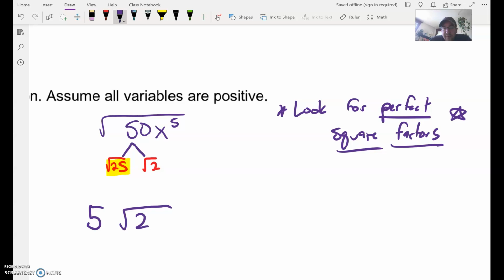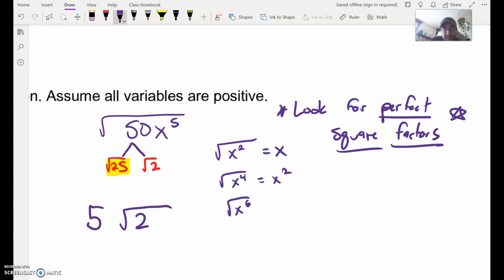So we dealt with the 50. Now we have to deal with the x to the 5th power. Okay? So off to the side, just to teach. X to the 5th, that's an odd number. And we talked about this today in class. But with variables, if it's an even number, the square root of x squared is just x. The square root of x to the 4th is x squared.